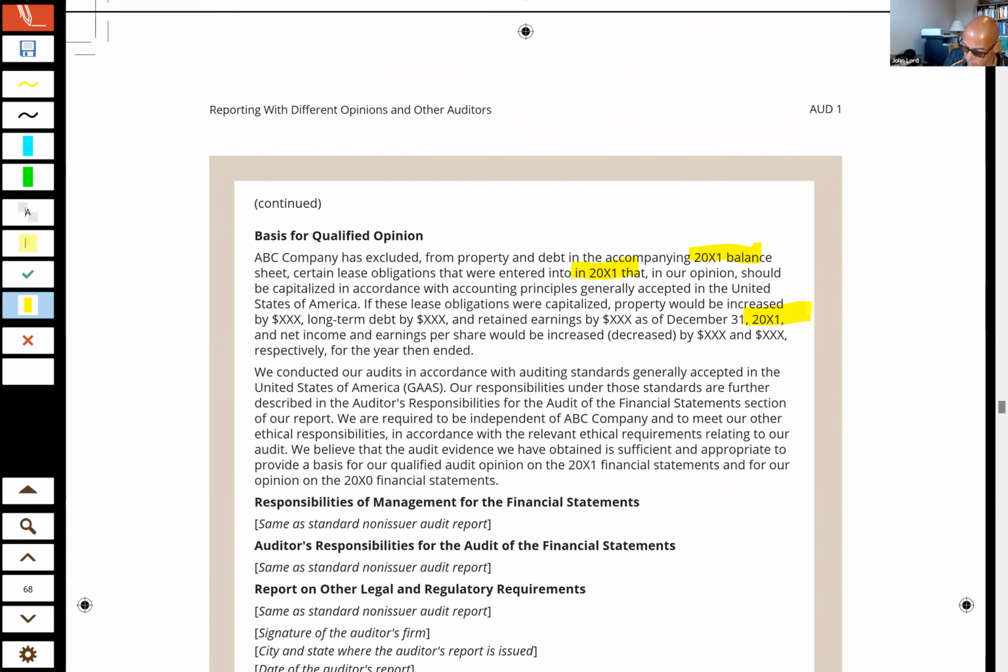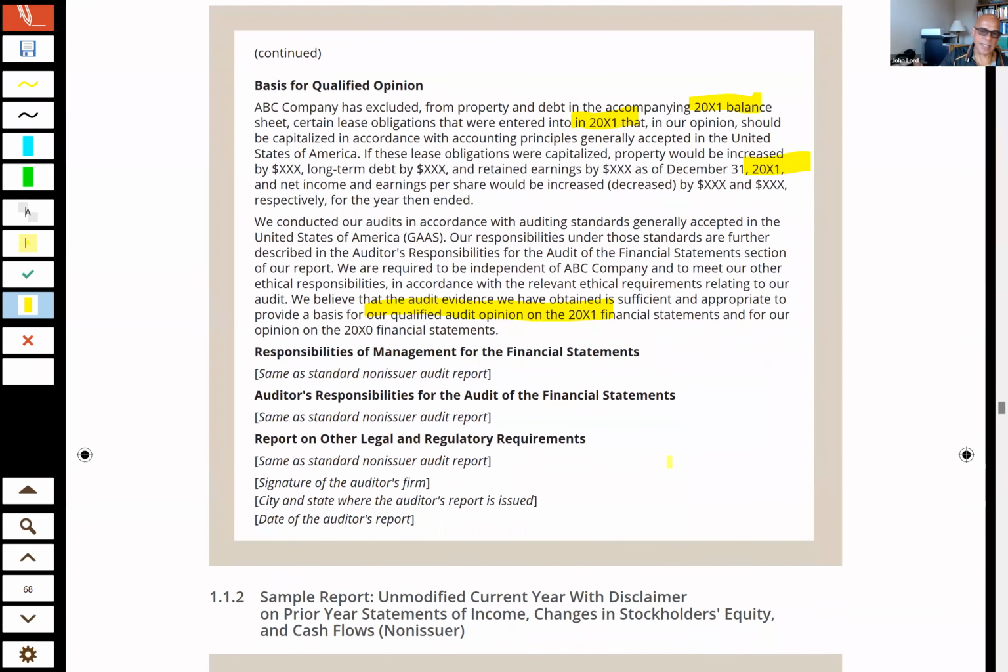The problem is with X1, our qualified opinion X1. The rest of the report is exactly how you memorize. Remember, management's responsibility paragraph is never affected. So again, the approach here is to know the unmodified, unqualified opinion, have that memorized. We've had to qualify one of the 2 years.